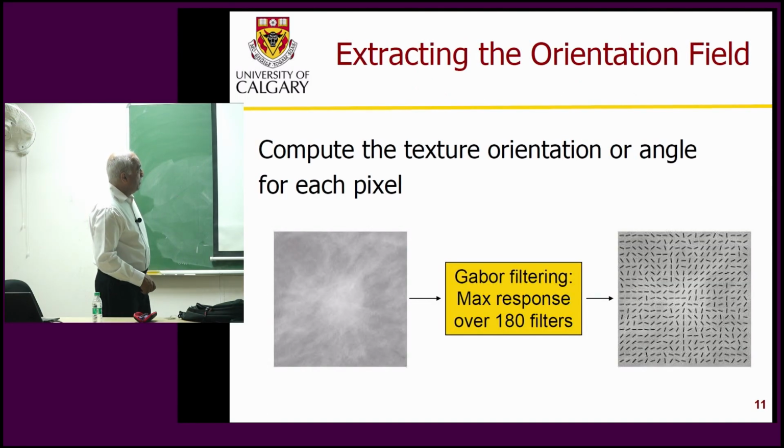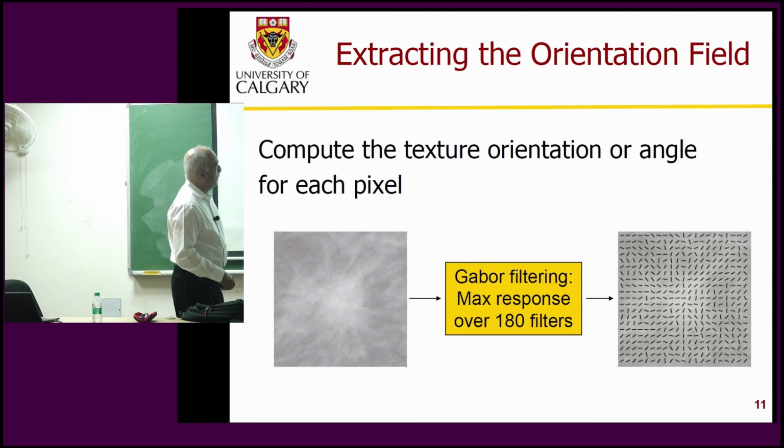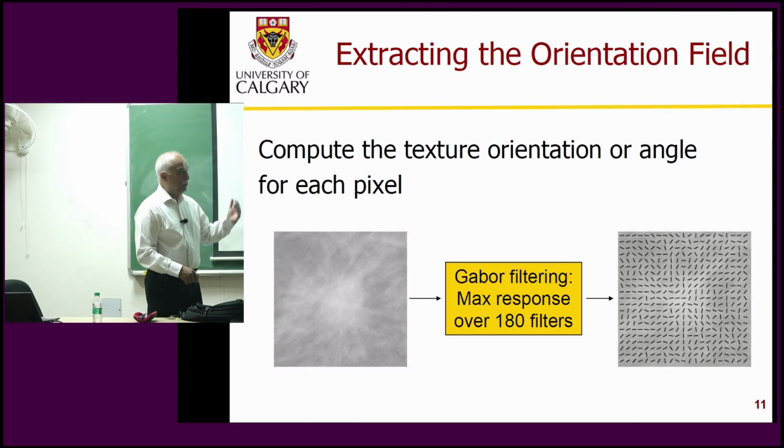In the case of a mammogram, here is a part of an image with architectural distortion. You may see some spicules here from the middle. We apply a bank of 180 filters, 1 per degree, with some tau and L. And these are the angles.